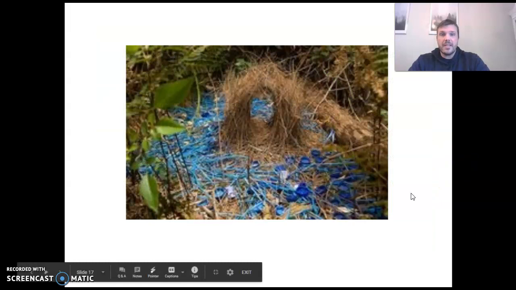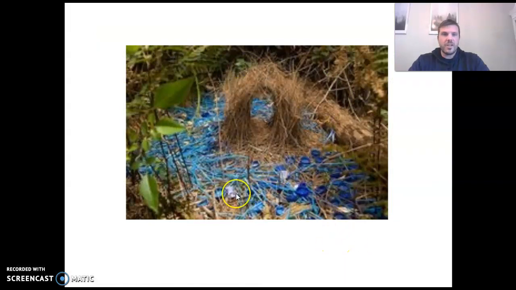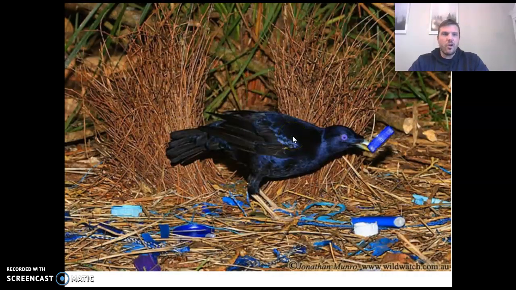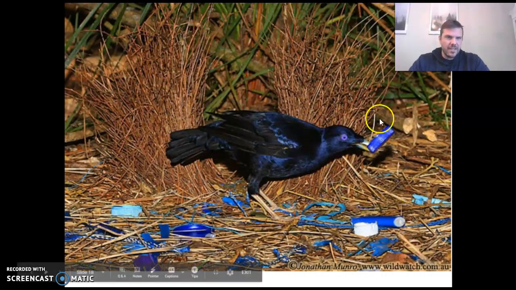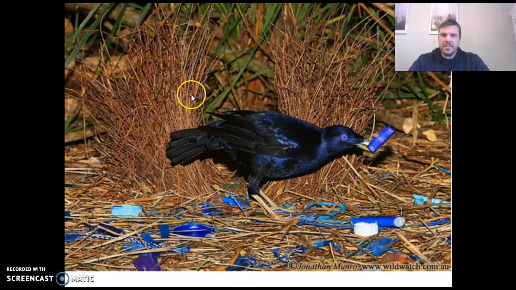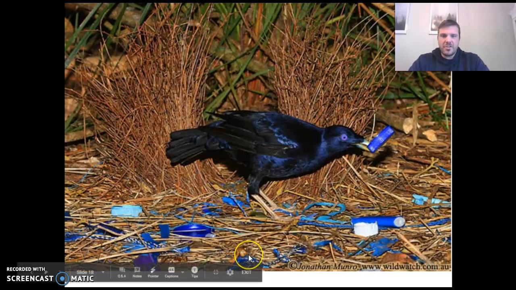Another example of that is this interesting construction in a field. We've got this bird called the bowerbird. It picks up all kinds of plastic and makes this really interesting archway. You can see there's like a lighter there, and there's some caps. It just finds this blue plastic, and it makes this elaborate arch out of grass just to impress females. So that's the bowerbird.